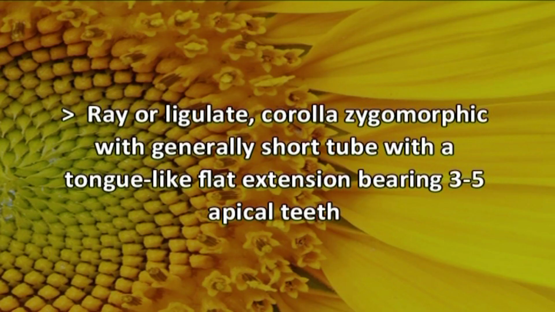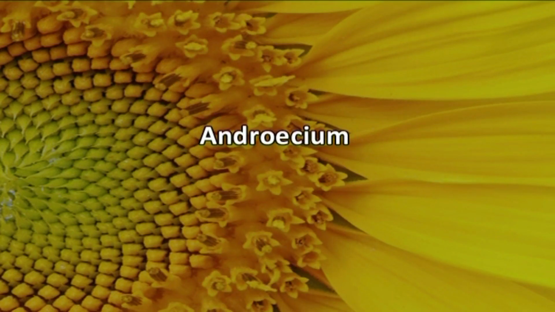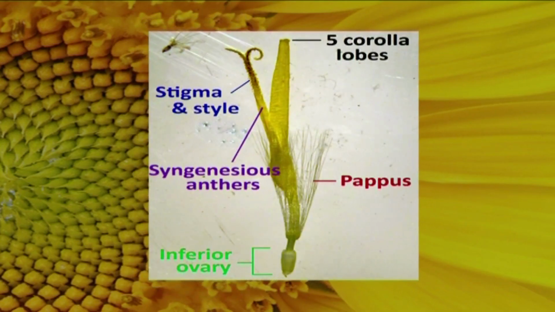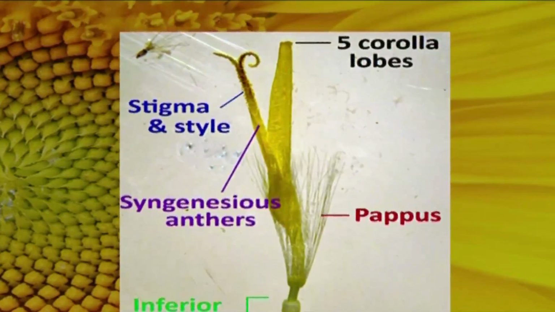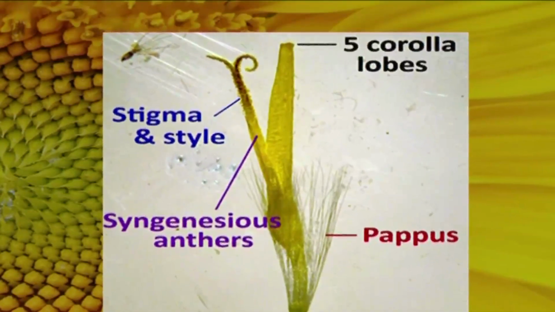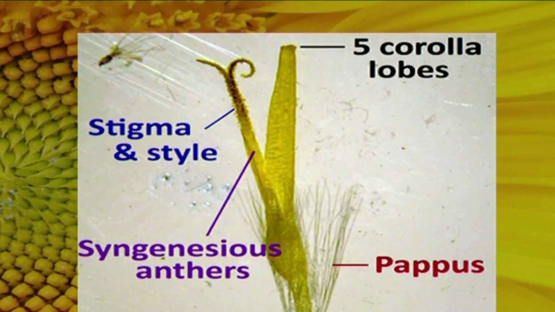After corolla, now we discuss Androecium, the male part of the flower. It is comprised of stamens which are usually 5 in number. These are whorled, alternipetalous, syngenesious. Syngenesious is a special feature that we see in Asteraceae, wherein the filaments are free and the anthers are fused on the top. By this, they form a tube around the style.